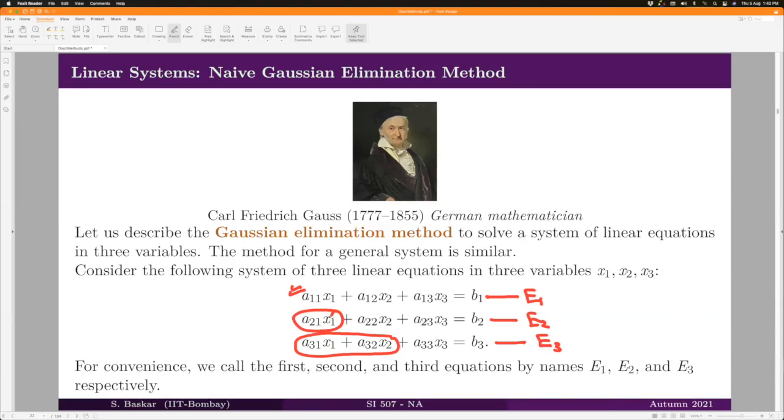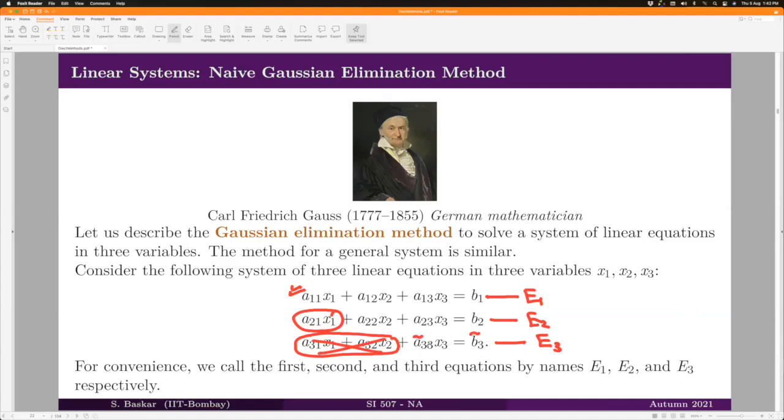Accordingly, A22, A23 and B2 will be modified. And similarly, in the third equation, your first and second coefficients will be 0 and accordingly A33 and B3 will be modified. Once you have this, you can see that since these terms are not there, let us call this modified coefficient as A tilde 33 and B tilde 3 on the right hand side.